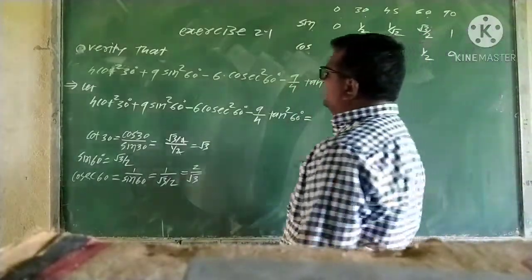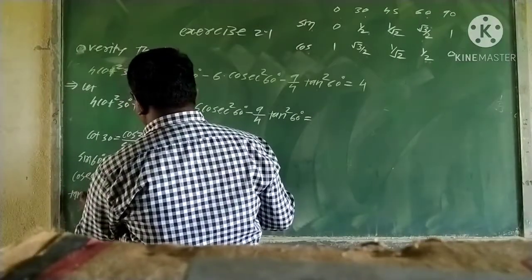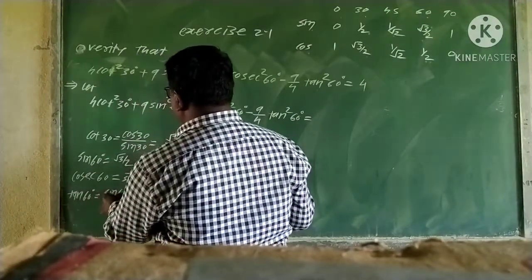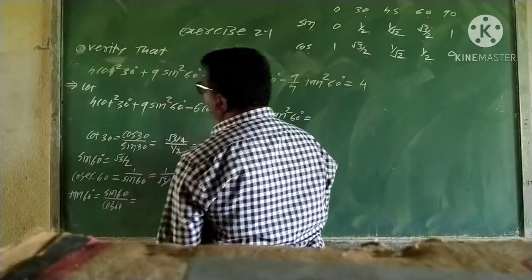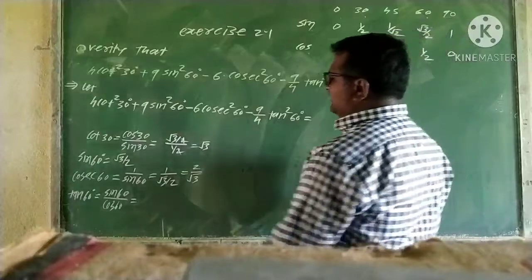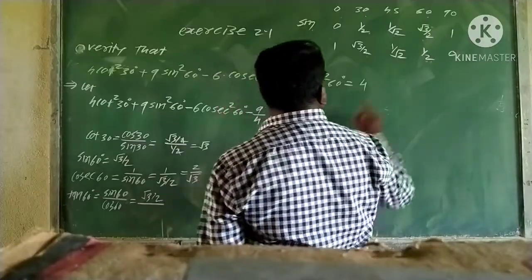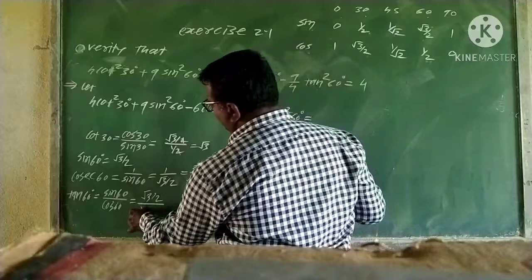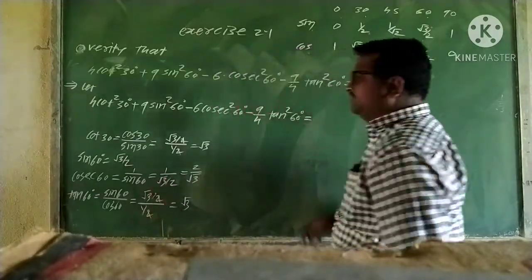Last, tan of 60 is equal to sin of 60 divided by cos of 60. Now here sin of 60 is equal to square root 3 divided by 2, and cos of 60 is 1 upon 2. Now the 2s get cancelled, remaining only square root 3.